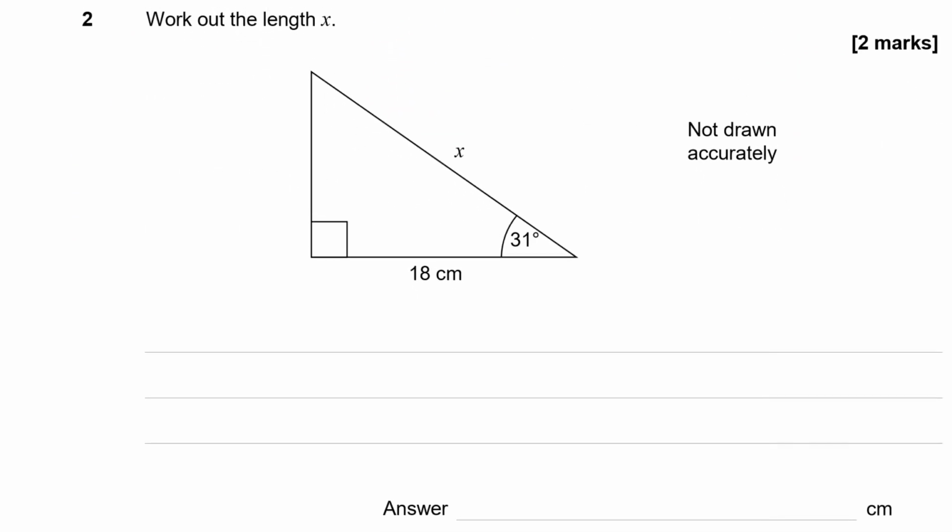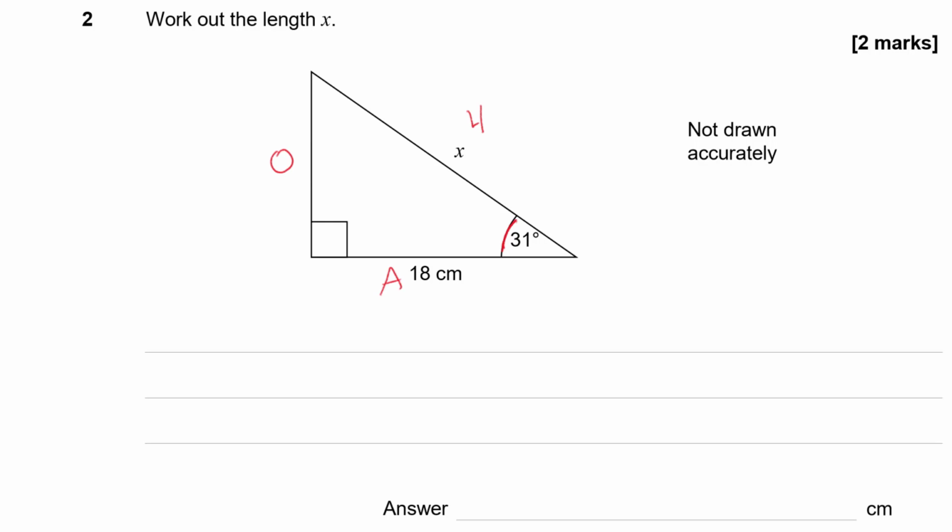Question 2, work out the length of x. Again, let's just label up the 3 sides of our triangle first. x is on the long side, which is the hypotenuse. Here's my marked angle, the 31. So this side is opposite and this side is adjacent.